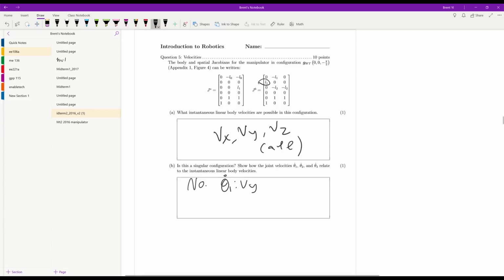Theta 2 dot controls Vx and Vz. And then theta 3 dot controls just Vz. And if we look at these, we can see that we can control Vx, Vy, and Vz all independently, just using a linear combination via theta 1 dot, theta 2 dot, and theta 3 dot. Okay.